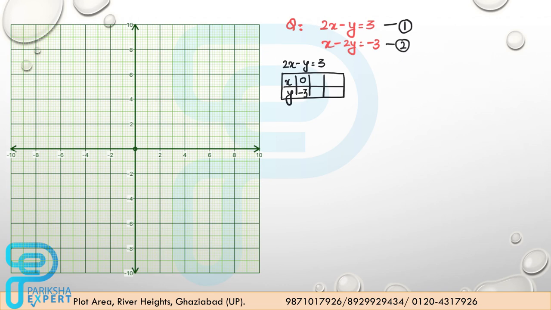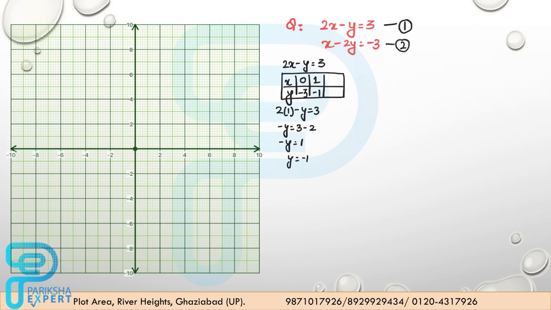Similarly, we can take the value of x as 1, and in the given equation, we have 2 times 1 minus y is equal to 3, or minus y is equal to 3 minus 2, which will give you the value as minus 1.